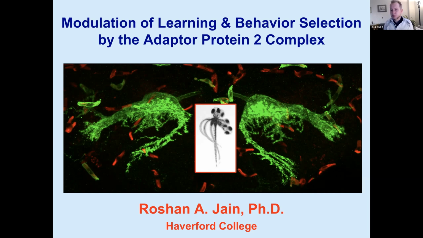So he's going to tell us about some of that work today in his talk titled Modulation of Learning and Behavior Selection by the Adaptor Protein 2 Complex. Dr. Jain, whenever you're ready, take it away.